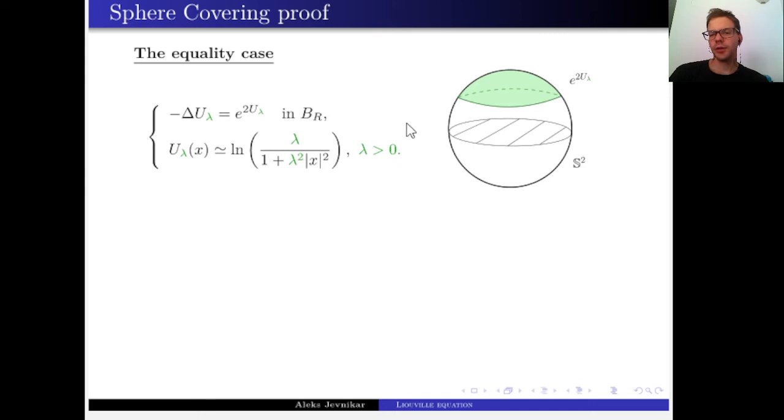So you have a whole family of these solutions depending on this parameter lambda. So you move lambda and you somehow move the spherical cap here. So a solution of this problem gives you a spherical cap of the sphere.